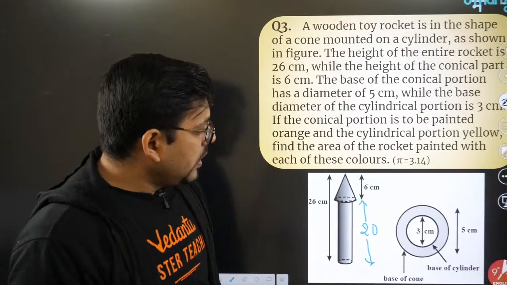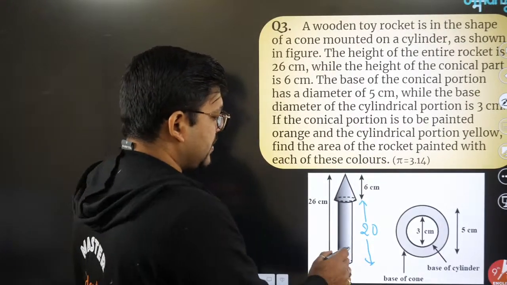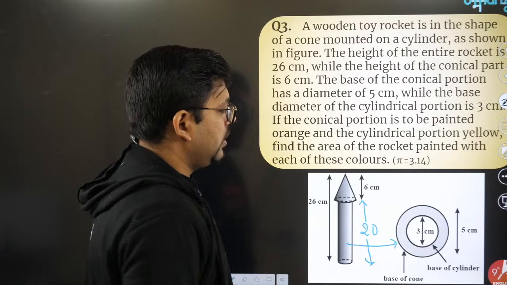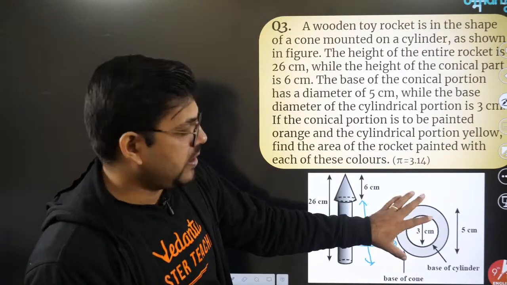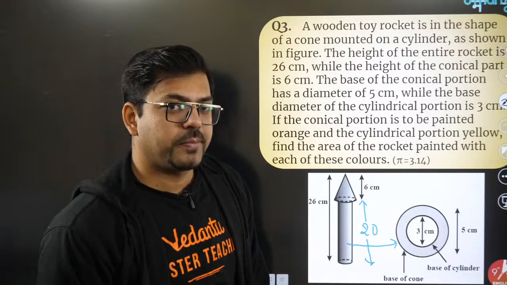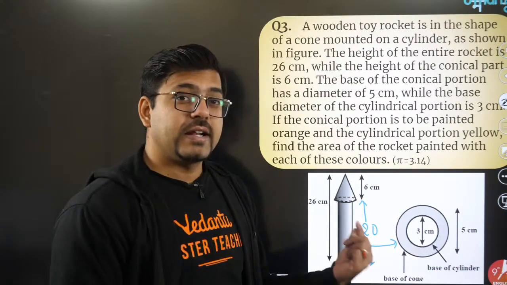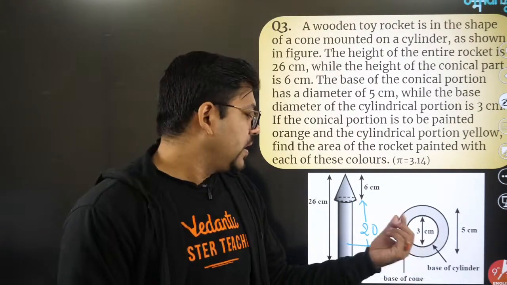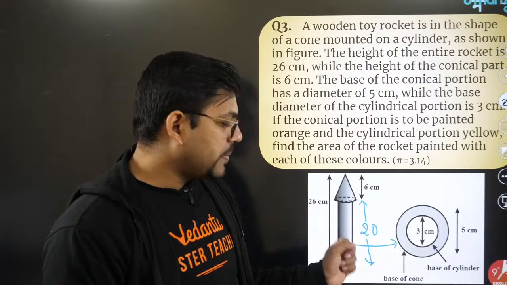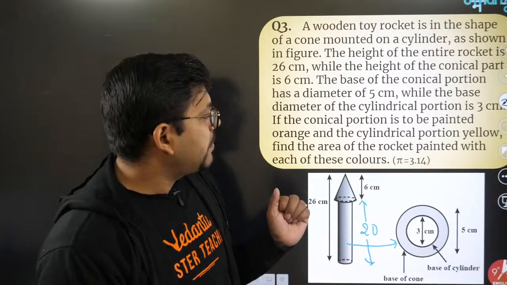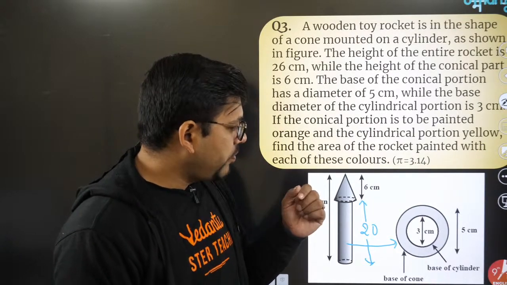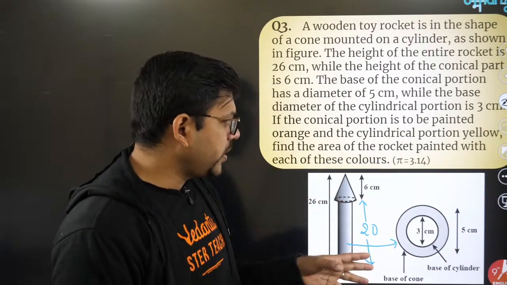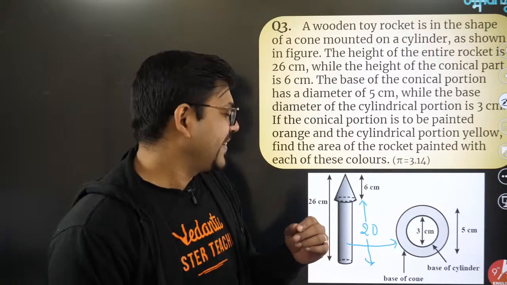Now, for this cylinder, the base of the cylinder is 3 centimeter inner diameter and 5 centimeter outer diameter. It is a pipe basically, because obviously the fuel has to go inside. Wait a second, very sorry, I told something else.